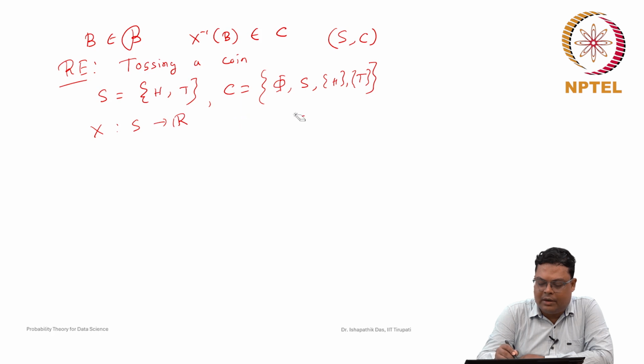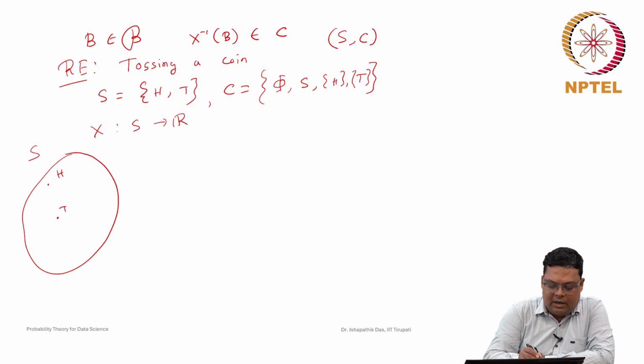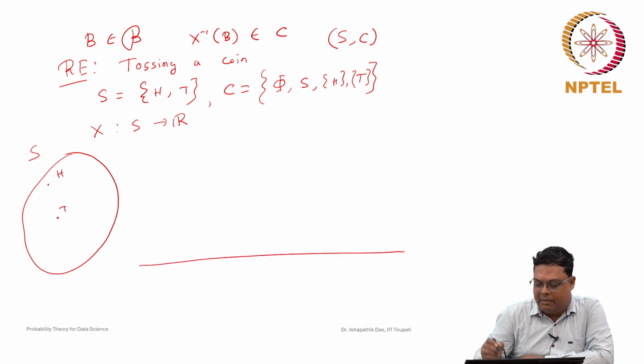This should be a point. So here this is the S, it contains 2 points, head and tail, and here are some real numbers, like 0, 1, 2, minus 1, minus 2.